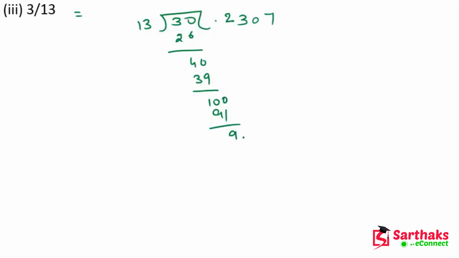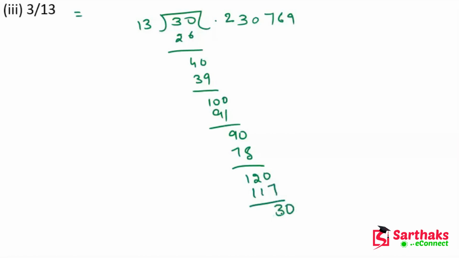And again 0. 13 sixes are 78, so we get 12. Now here is 0, so 13 nines are 117, so we get 3.